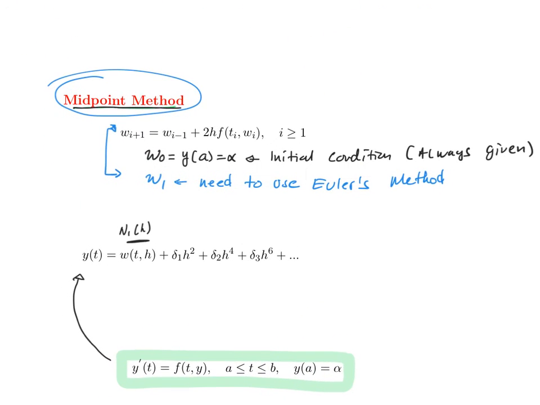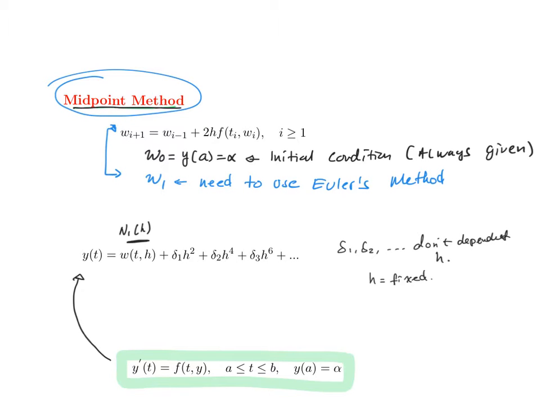Here the values for delta 1, delta 2, and delta 3 do not depend on h. And here we're assuming that h is fixed.